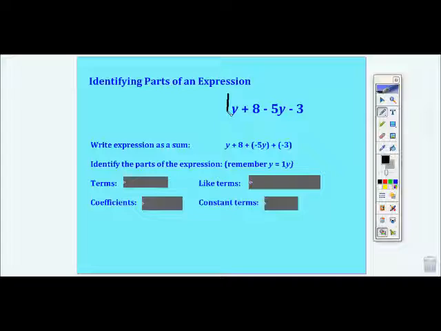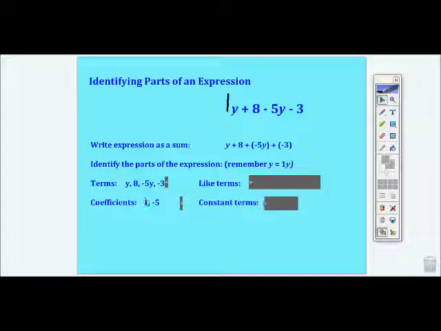The terms in this one will be y, 8, negative 5y, and negative 3. The coefficients are going to be 1 and negative 5. I got the 1 from the implied 1 that I wrote in with the y.